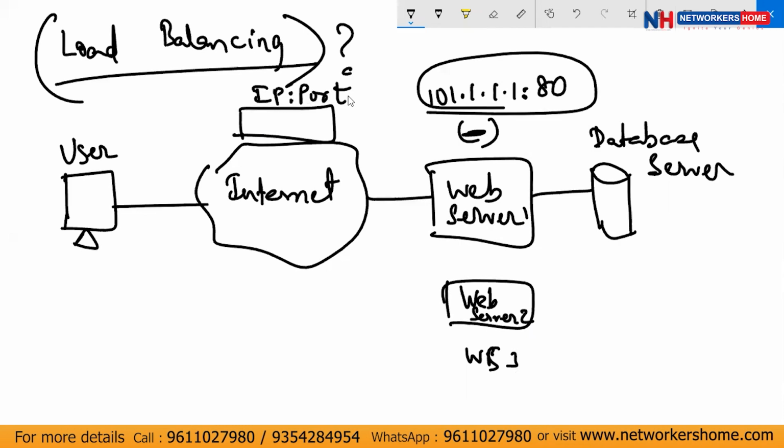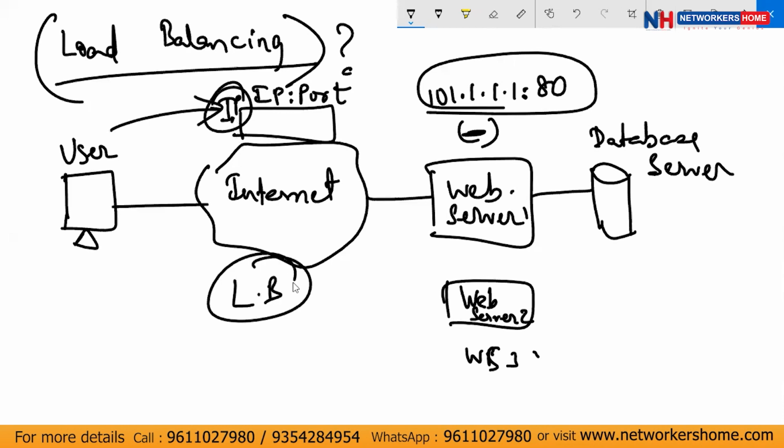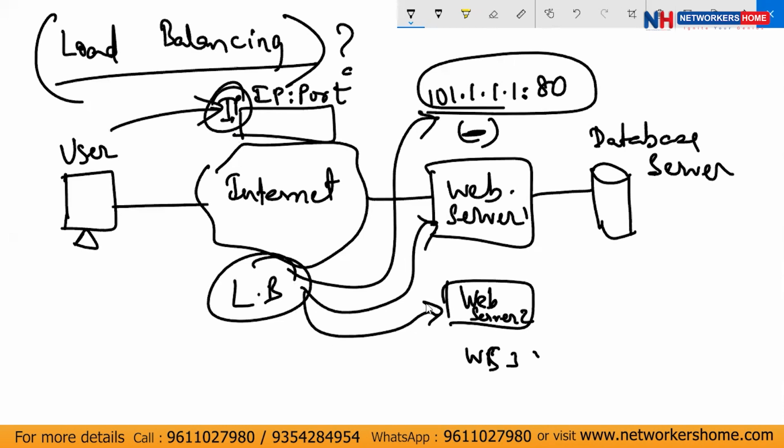A more basic definition is to balance the load across a physical bunch of servers and make those servers look like one big server to the outside world. So to the outside world, it is just one IP address, which might be configured on your load balancer, and at the backend the traffic is sent to different web servers, be it web server 1, web server 2, or web server 3.